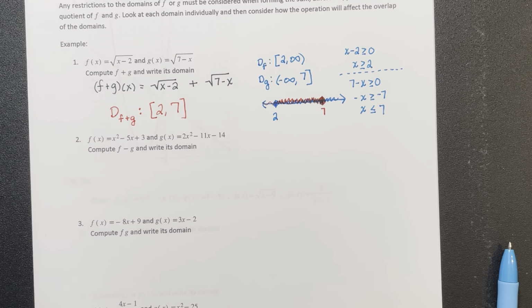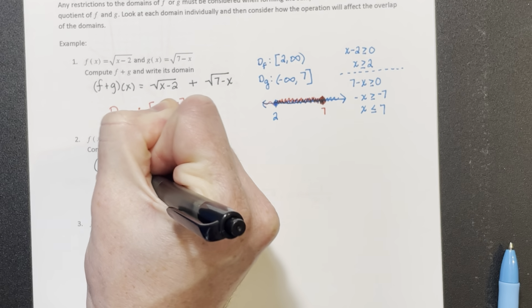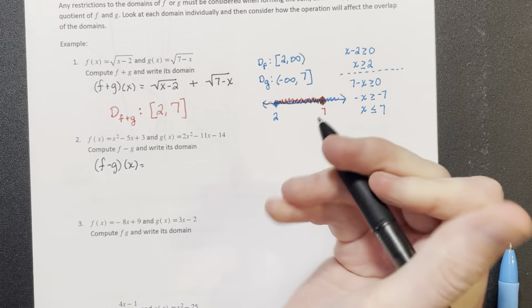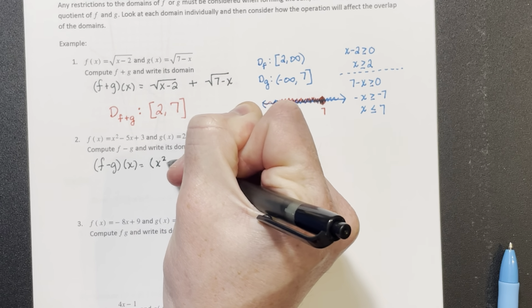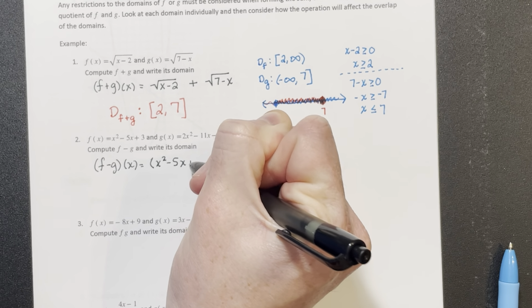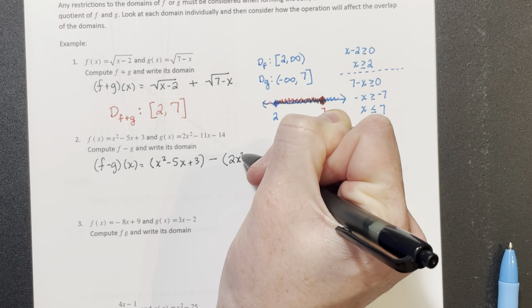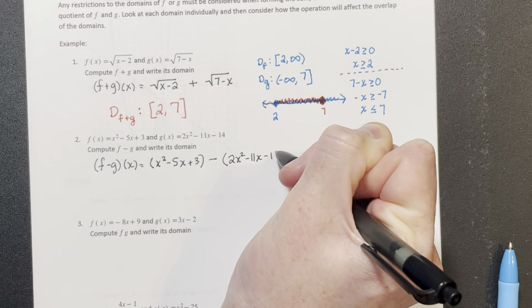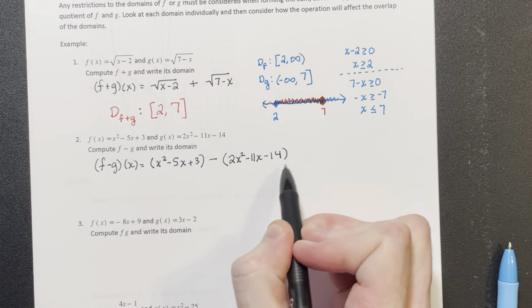For number 2, we have a quadratic function and another quadratic function. So we're going to compute f minus g. And when we're doing subtraction, I usually put parentheses around both parts, and we'll see why in a second. I put the parentheses around this mainly because I want the parentheses around the second part.